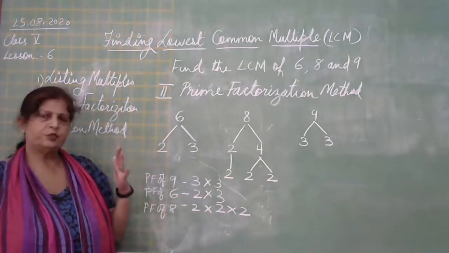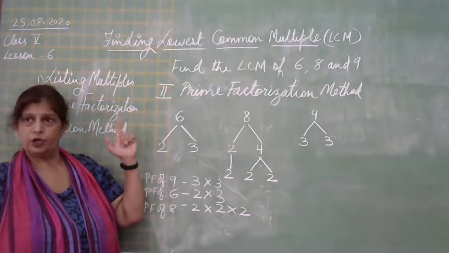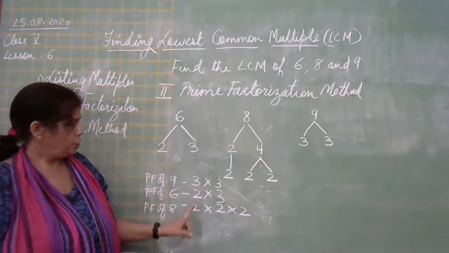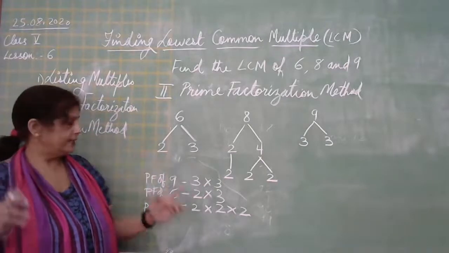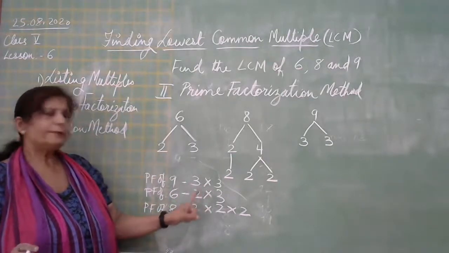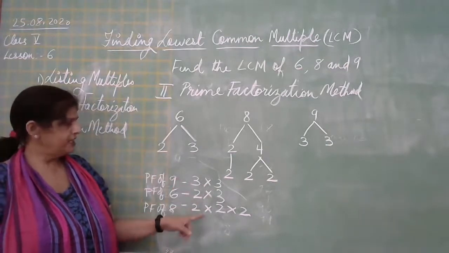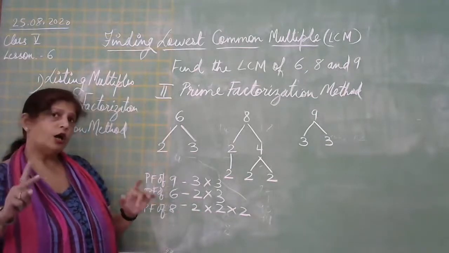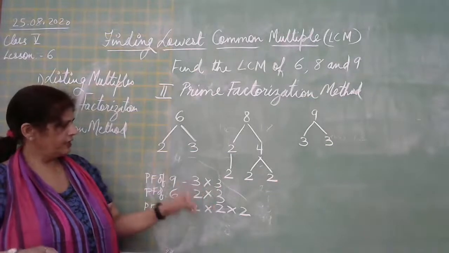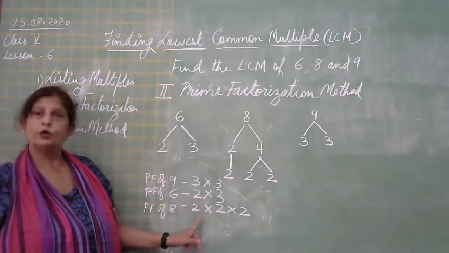Now the next step, children, is to find the lowest common multiple. You can notice that in the prime factorization of these numbers, we have got only two numbers. Either it is 2 or 3. Here it is only 3, here it is both 2 and 3, here it is only 2.